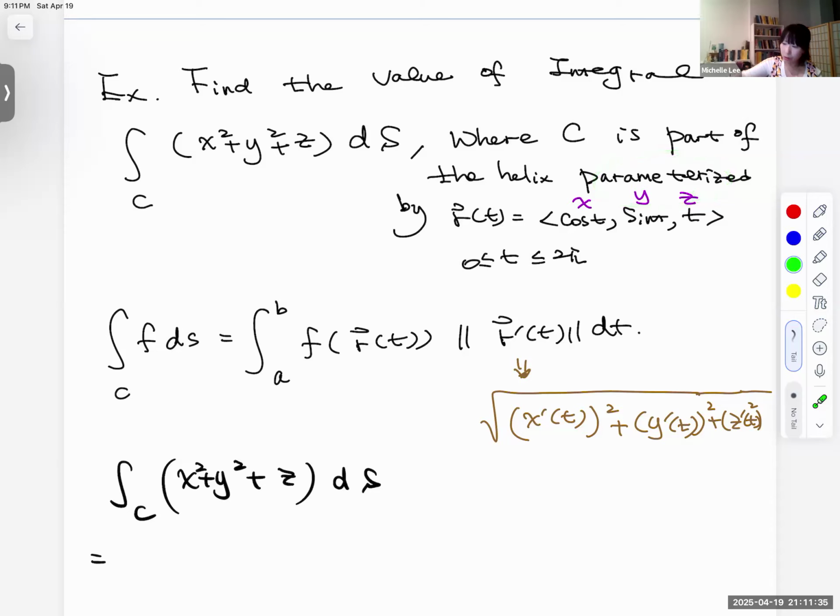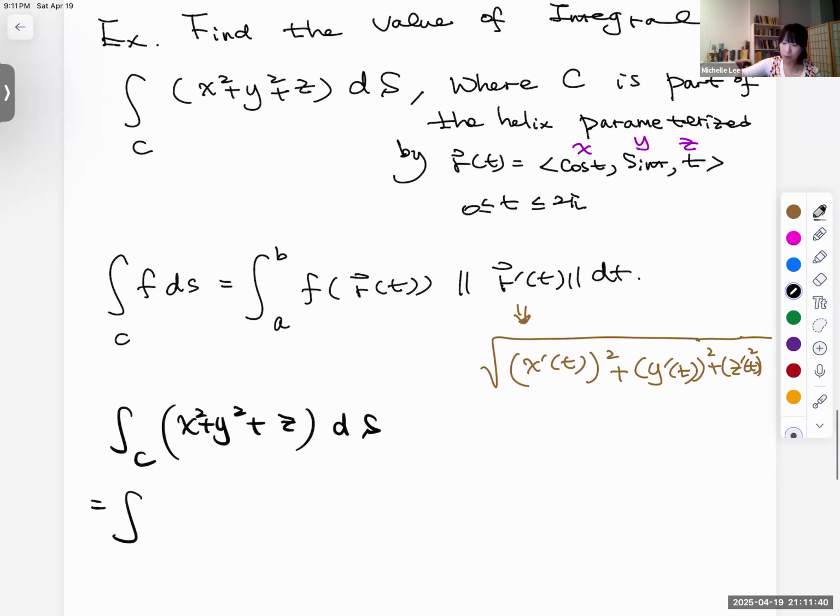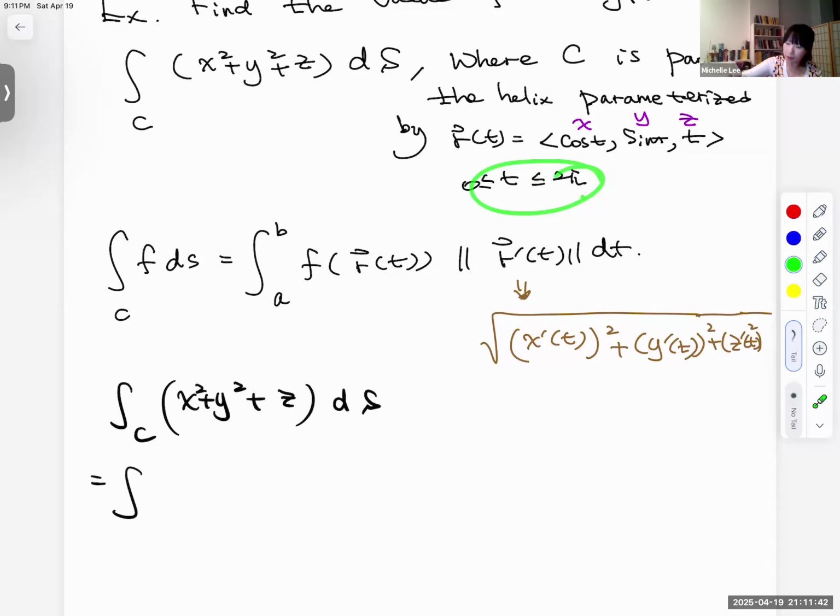So we are going to make the limit from 0 to 2 pi. And then for x squared, let's make x cosine t, sine t as y, z equal to t, right? So x squared, which is cosine squared t, plus y squared, which is sine squared t, plus z, which is t.